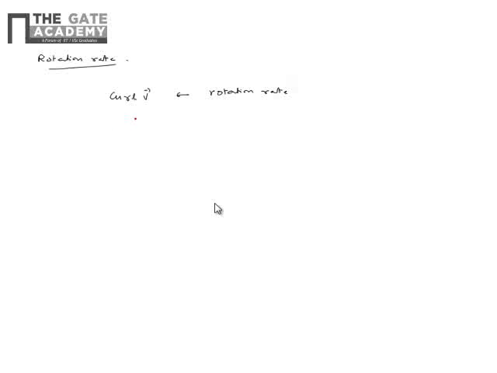So how do I define curl of V? Curl of V is defined as the determinant with i, j, k, then ∂/∂x, ∂/∂y, ∂/∂z, and the velocity components u, v, w. If you evaluate this, what you get is the three components of this vector.